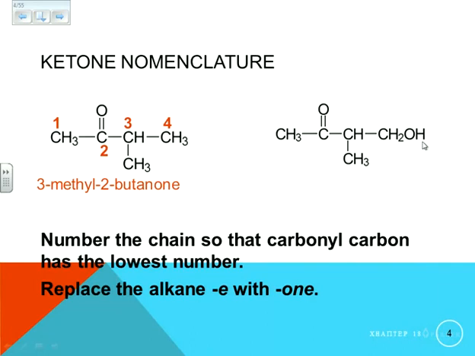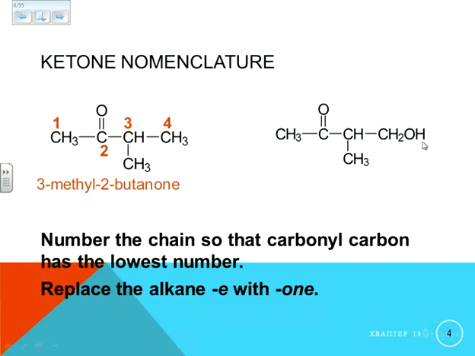How you name an alcohol as a branch is hydroxy. Anytime an alcohol is in a ketone or an aldehyde, it is a lower priority, so it'll always be a branch.